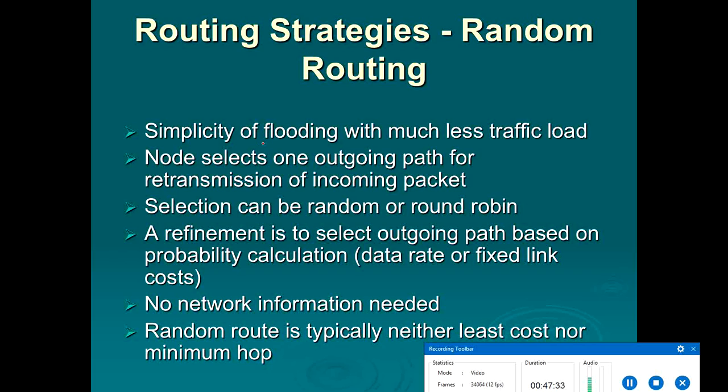With random routing, a node selects only one outgoing path for the retransmission of the incoming packet, and the selection can be random or round robin. Random means any one link can be selected. Round robin means if there are 4 links, first the first link is selected, then the second link, then the third link. Then for the fourth packet, the first link will be selected, then for the fifth packet, the second link will be selected, and so on. This is called round robin.